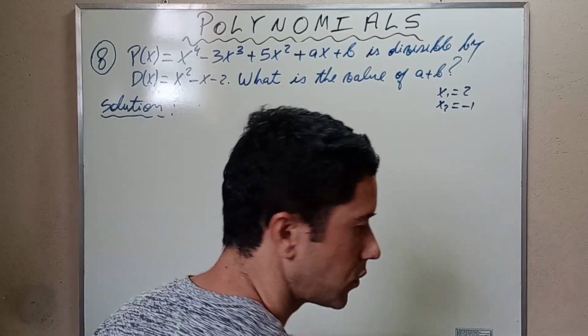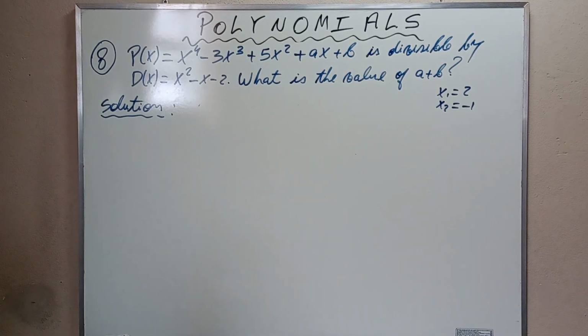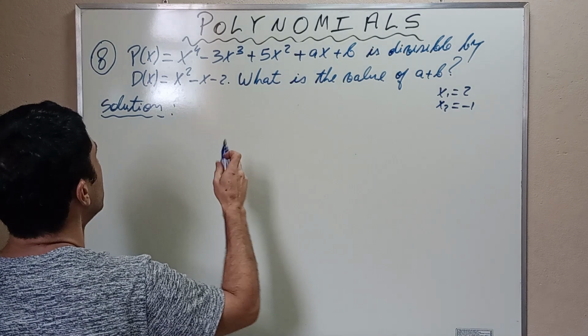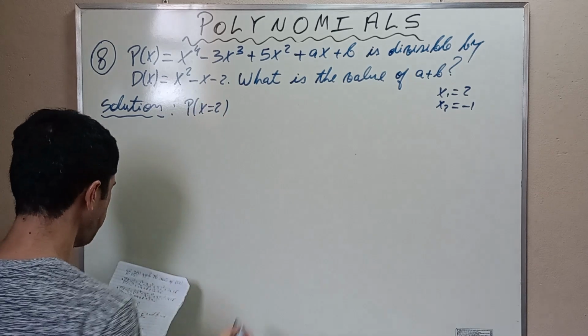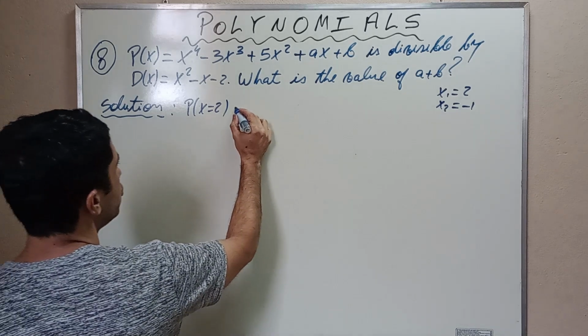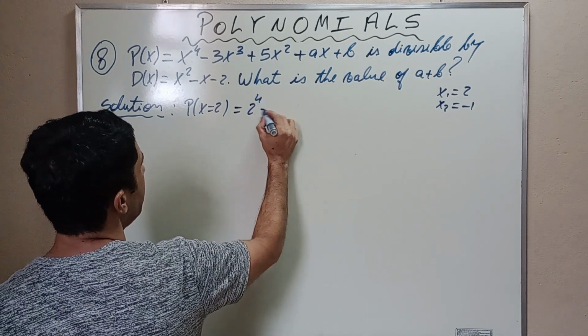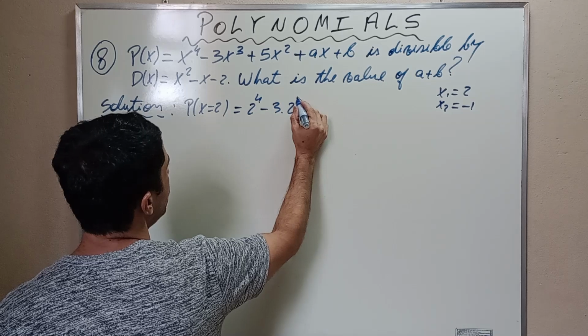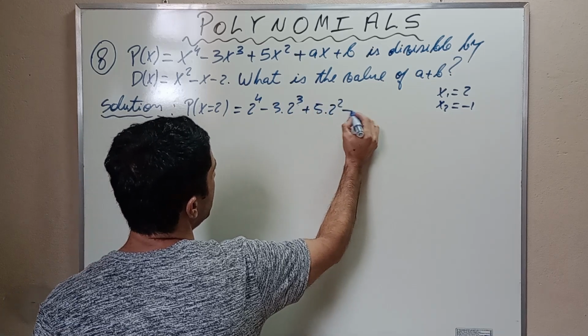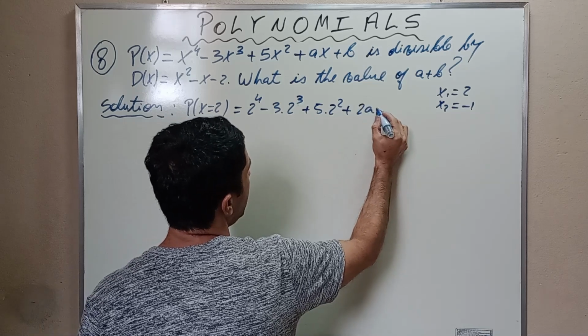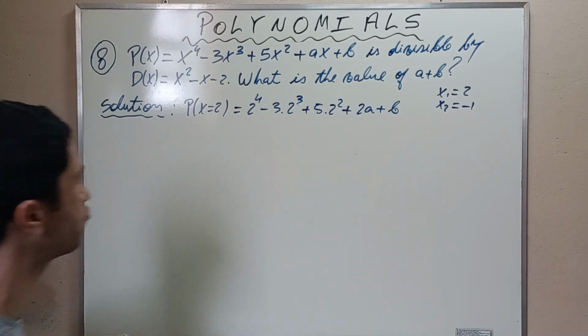Okay, let's apply x equal to 2 in P. P of 2 is equal to 2 to the fourth minus 3 times 2 cubed plus 5 times 2 squared plus 2 times a plus b, okay?